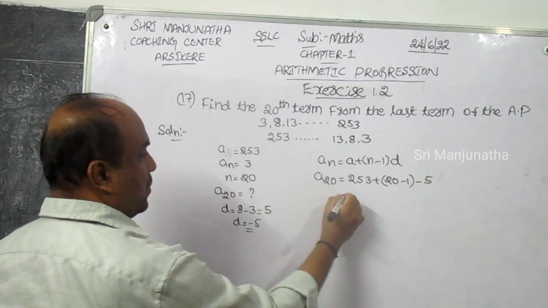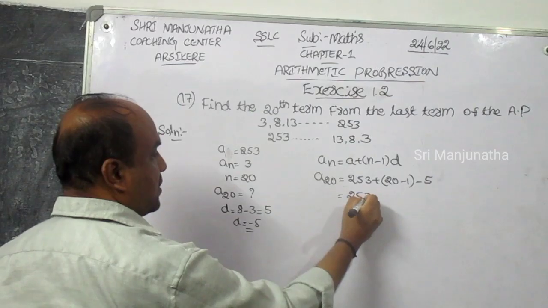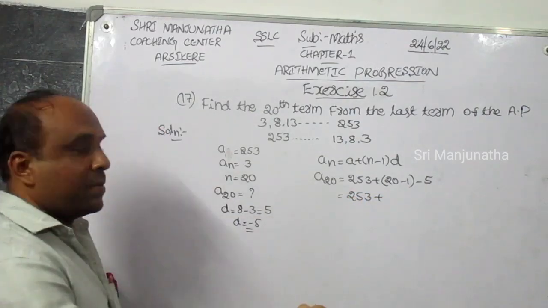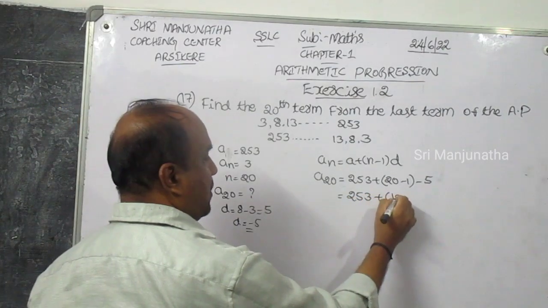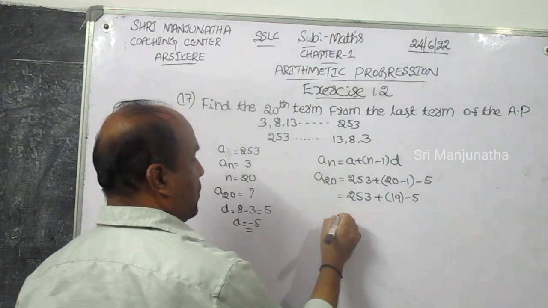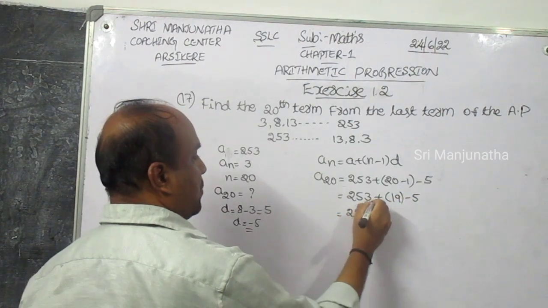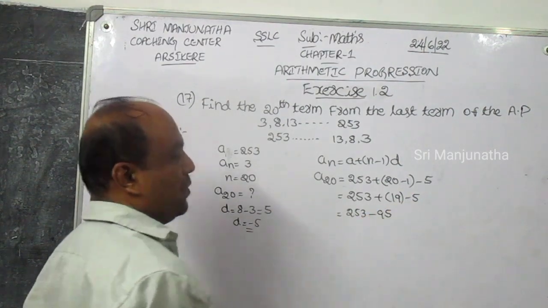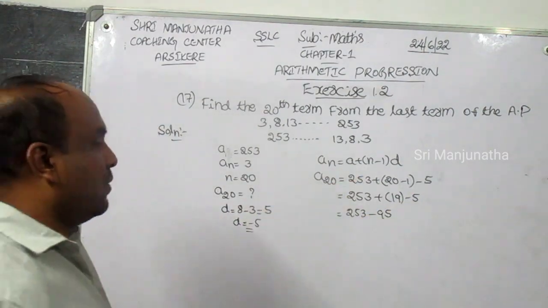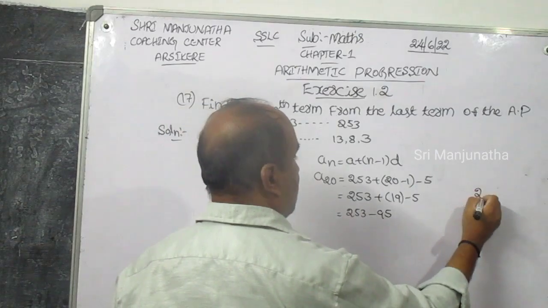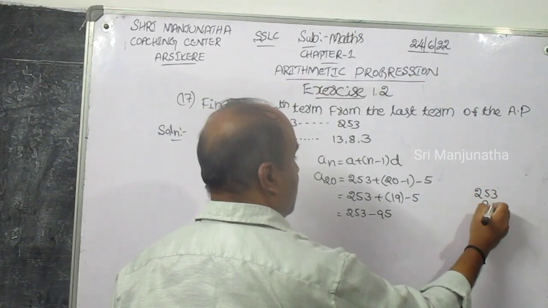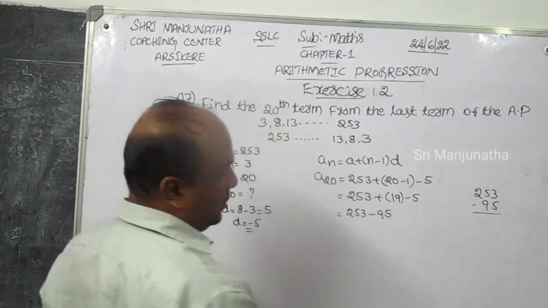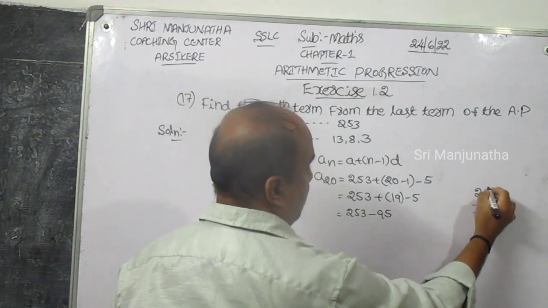So equals 253 plus 20 minus 1 is 19 into minus 5. 253 plus into minus, 19 5s are 95. Subtract this, 253 minus 95.